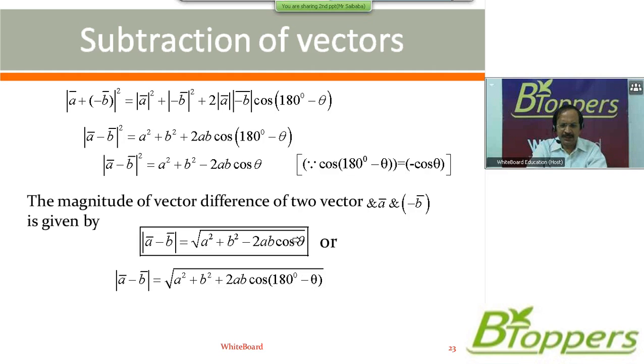In this equation, theta is the angle between the vectors A bar and B bar. 180 degrees minus theta is the angle between the vectors A bar and minus B bar.